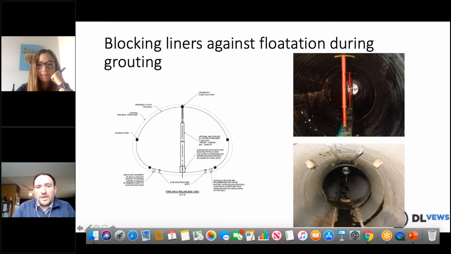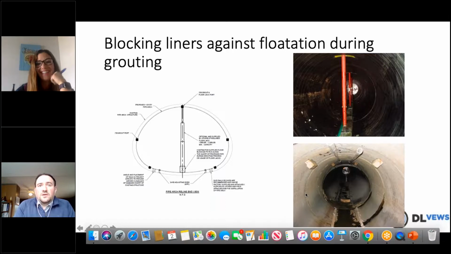Got it. So you've got a steel column that's pinning into the ceiling of the host pipe, preventing that pipe from floating. If that pipe's floating, number one, shut down the grout pump so you don't continue to float the pipe. Examine and consider what blocking's in there. If there's none, or if there's limited blocking, you may have to manipulate that before you continue grouting. And I love this question because there's a few ways to skin this proverbial cat.